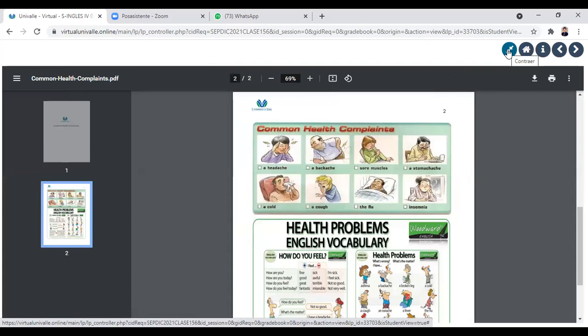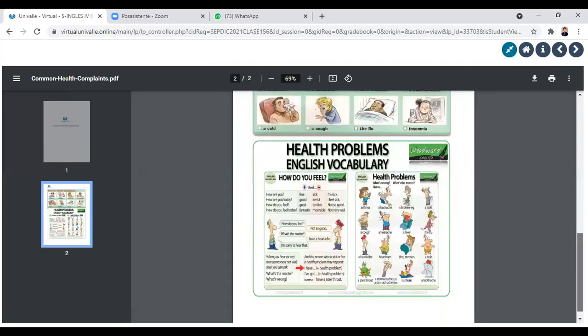Those are common health complaints that we might go through at some point. Health problems, English vocabulary: asthma, a backache, a broken leg, a cold, a cough, an earache, a fever, the flu, a headache, heartburn, the measles, a rash, a sore throat, a stomachache, a sunburn, or foot ache.